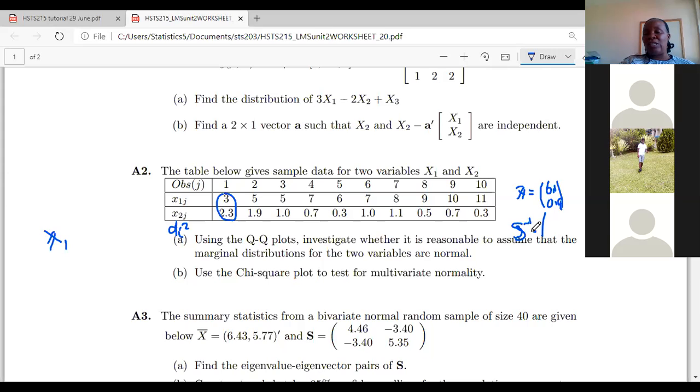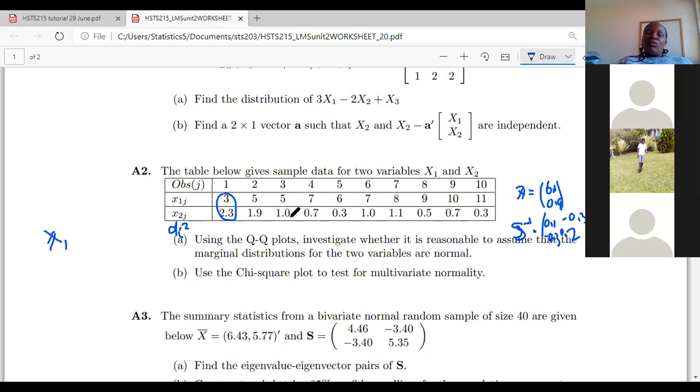Say S inverse is 0.1, 0.2, minus 0.3. That's our inverse matrix here.